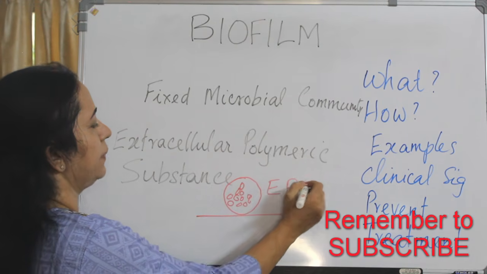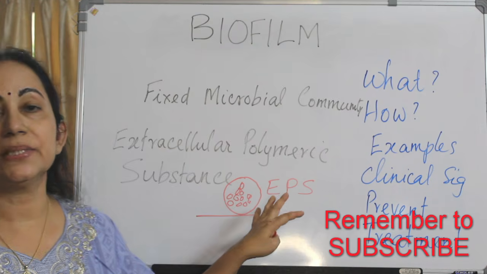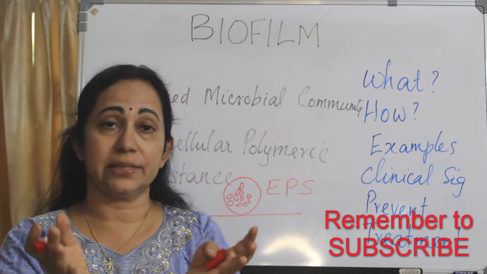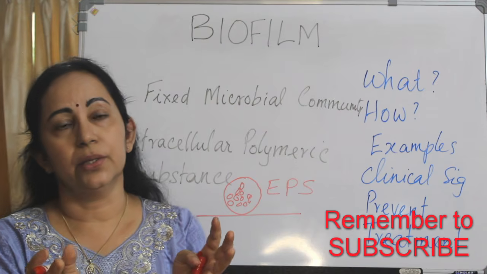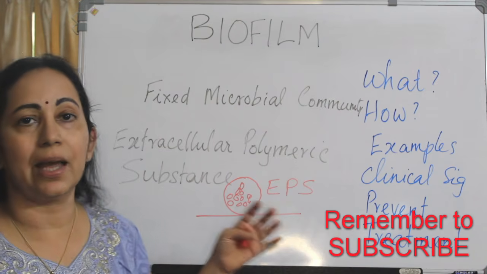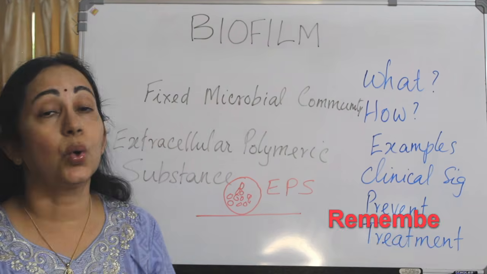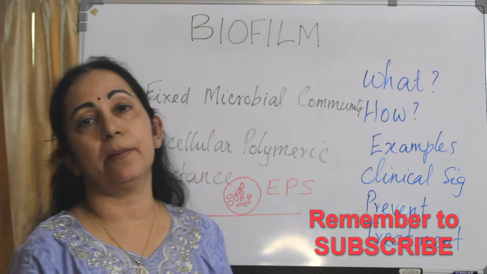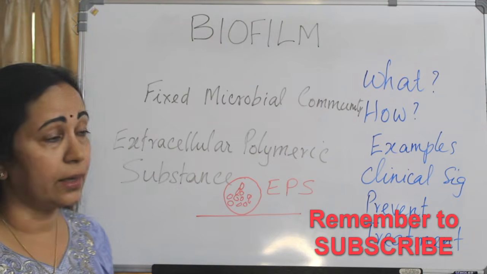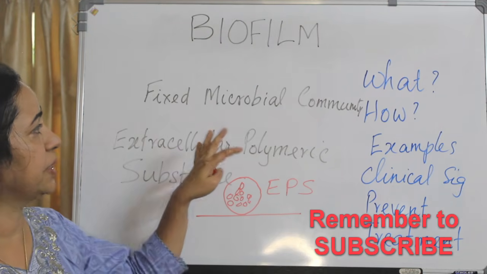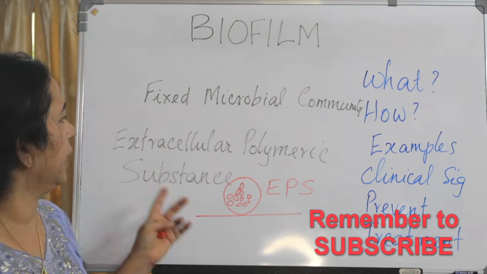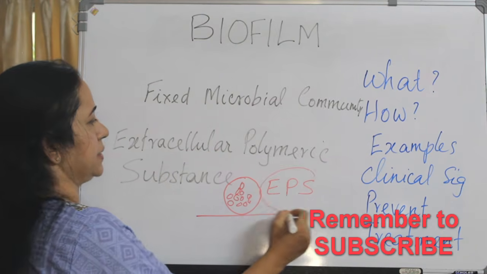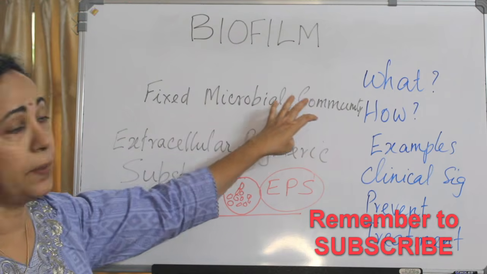This EPS is very important because it provides a tough covering, so that it has increased antibiotic resistance and host defense resistance as compared to their free counterparts. So it's a fixed microbial community encased with an extracellular polymeric substance. That is important. So that is a biofilm.